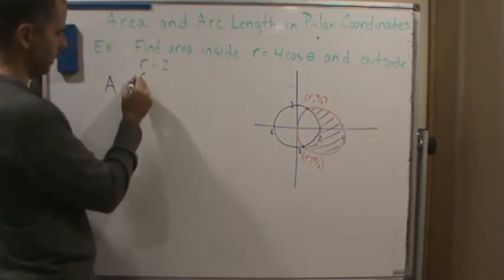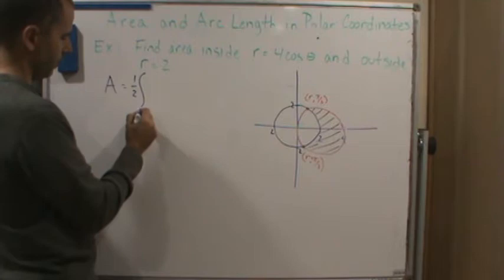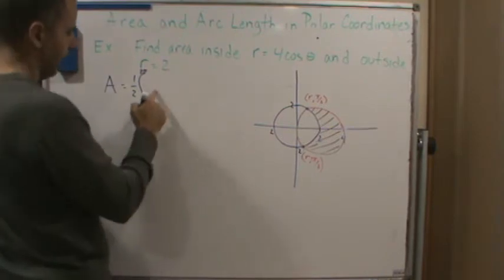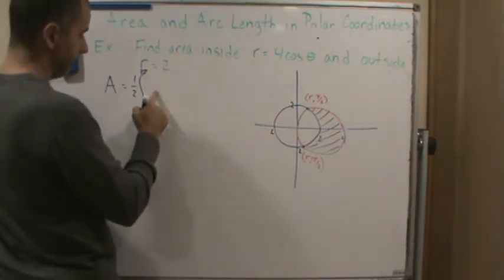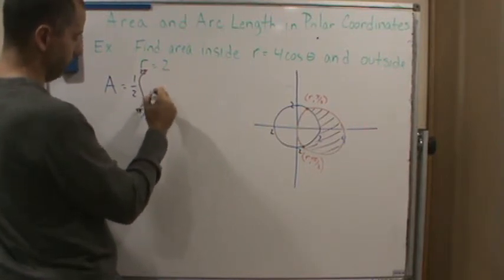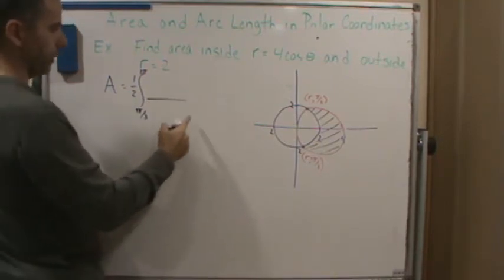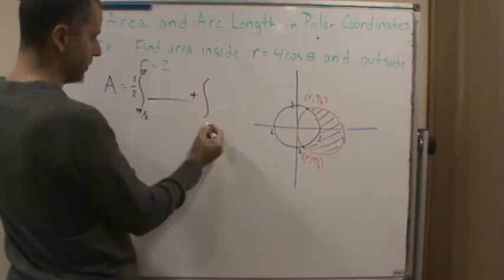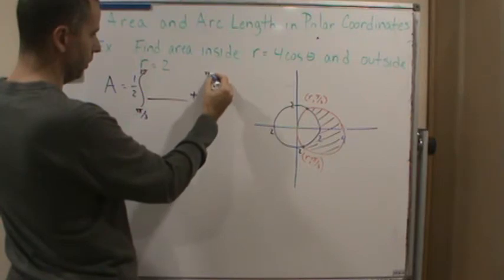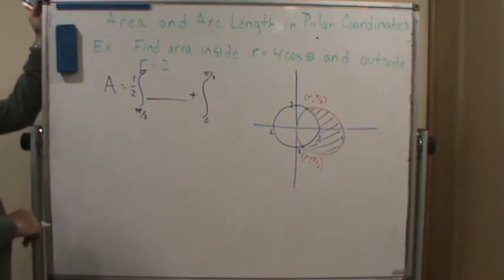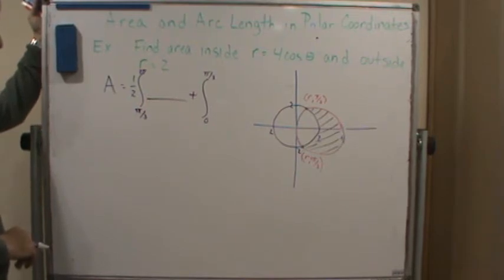You could do the integral from 5 pi over 3 to 2 pi of the function, and then add the integral from 2 pi, which is the same as 0, to pi over 3. So we can add them like that. So that's one way.